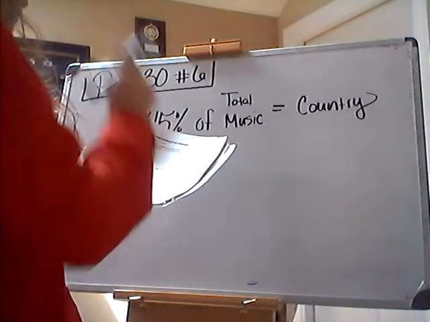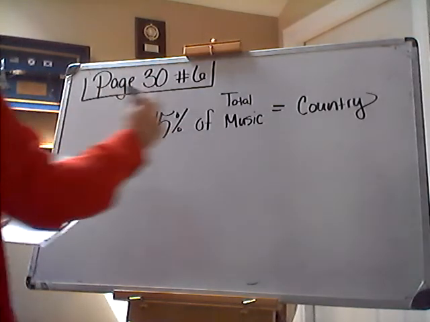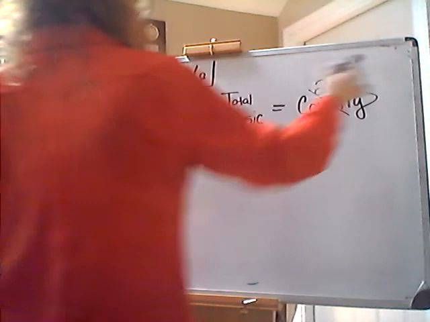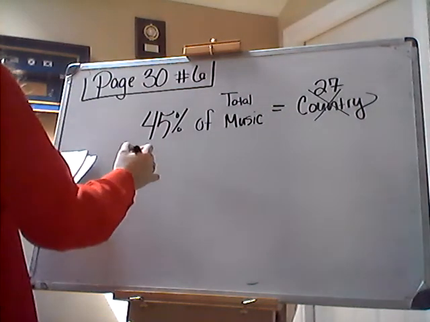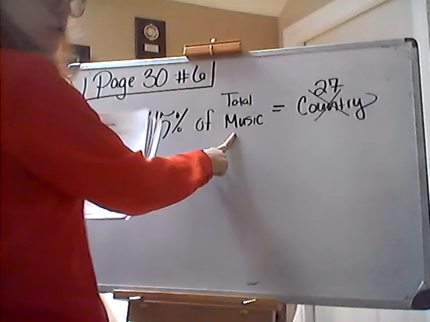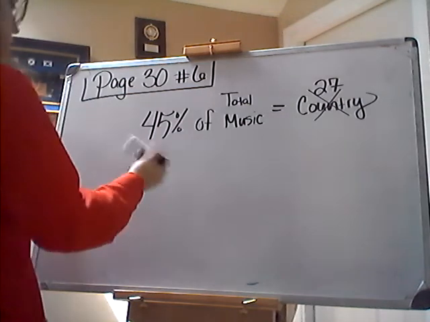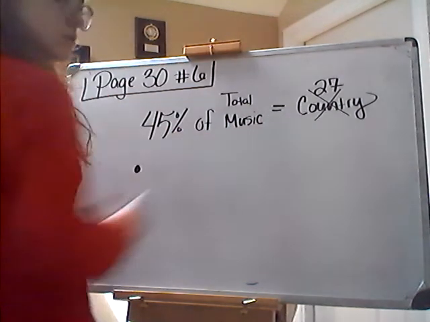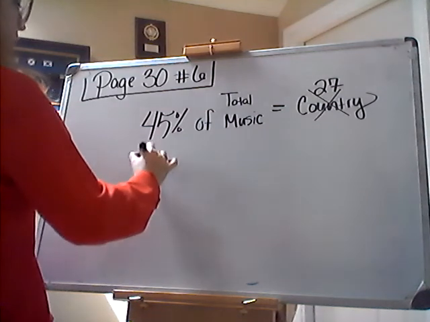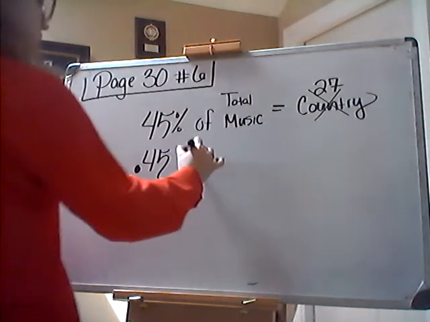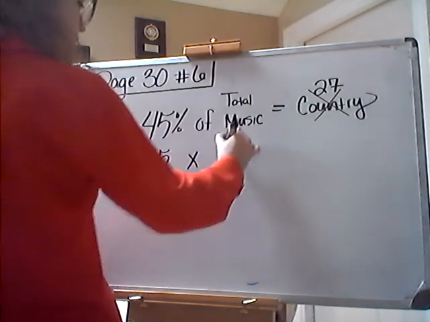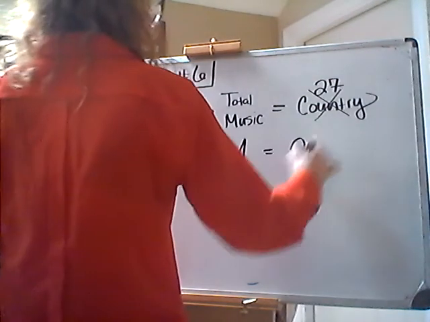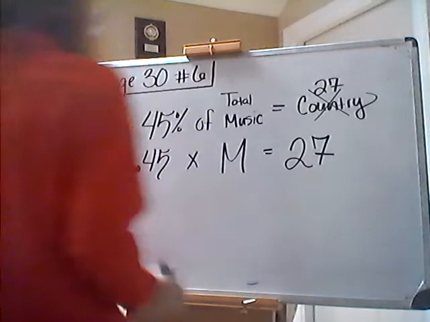She listened to 27 country songs. So we can actually replace the word country with 27. So, to figure out how many total songs she listened to on Saturday, we need to figure out 45% of what number equals 27, which is 45 hundredths times what number, we'll do N for music this time, equals 27.